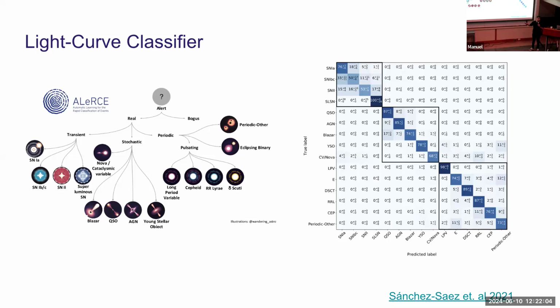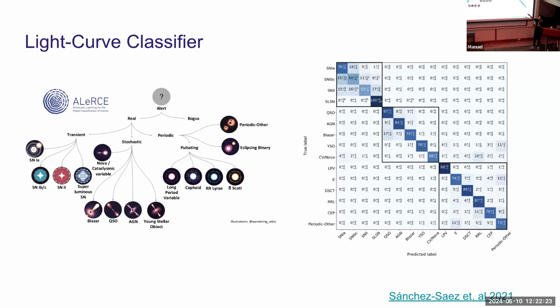And then for objects of each of those main classes, we train a random forest classifier for the subclasses. The full probability is given by the probability of being one of the subclasses, given that the object was previously classified in the top class.